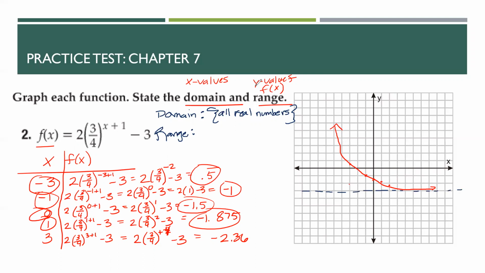So our range is f of x. F of x has to be greater than -3. Okay, so there's our domain, our range, and then there's our graph as well.